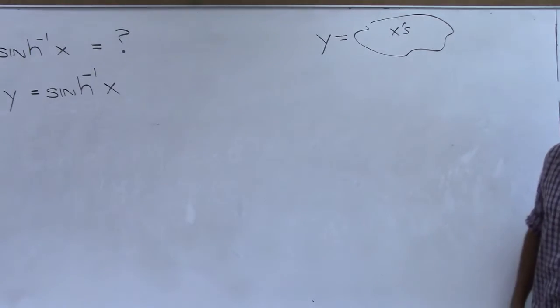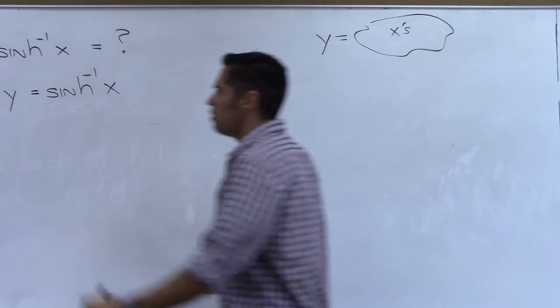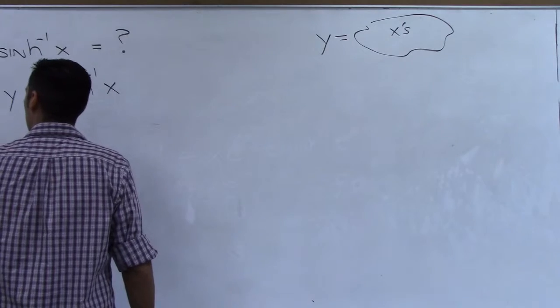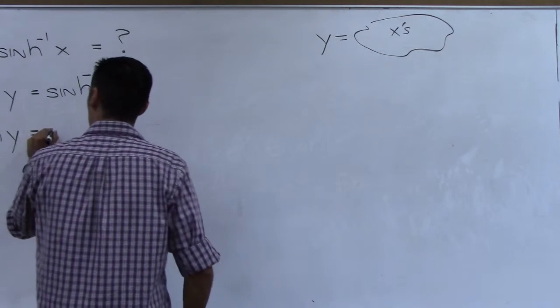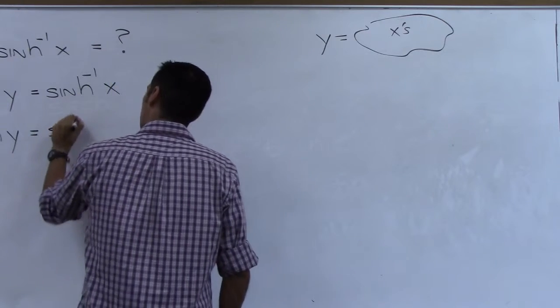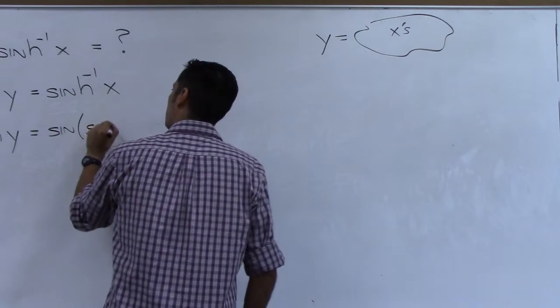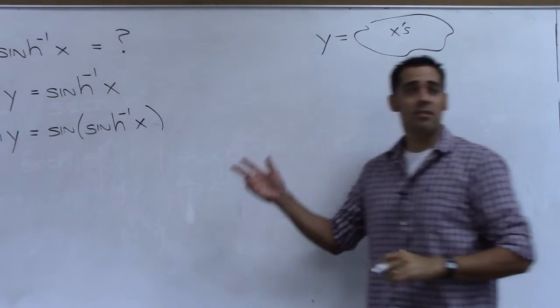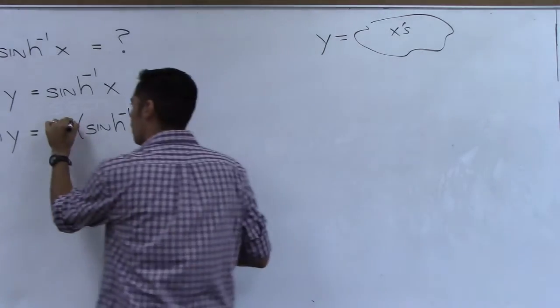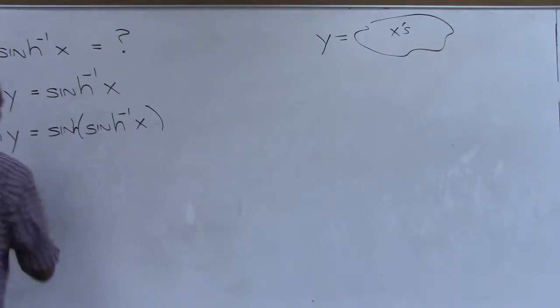Maybe? So I'm going to take sine hyperbolic on both sides. Now we did not talk too much at all about the cancellation property. Oops, I forgot the hyperbolic right here. That's a sine hyperbolic right there.